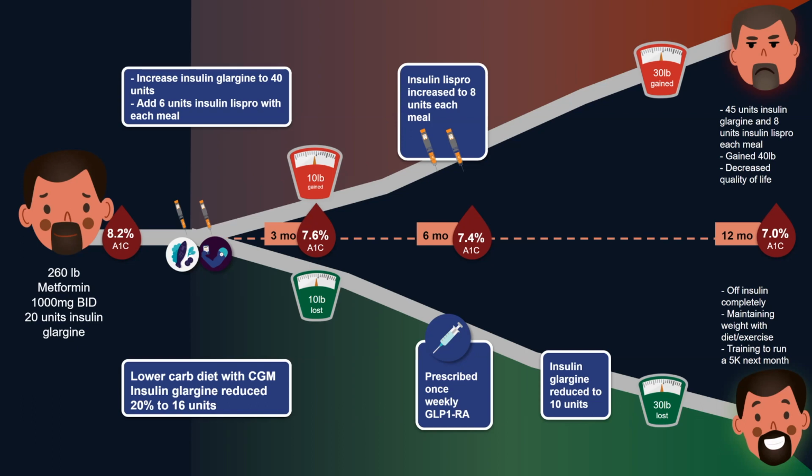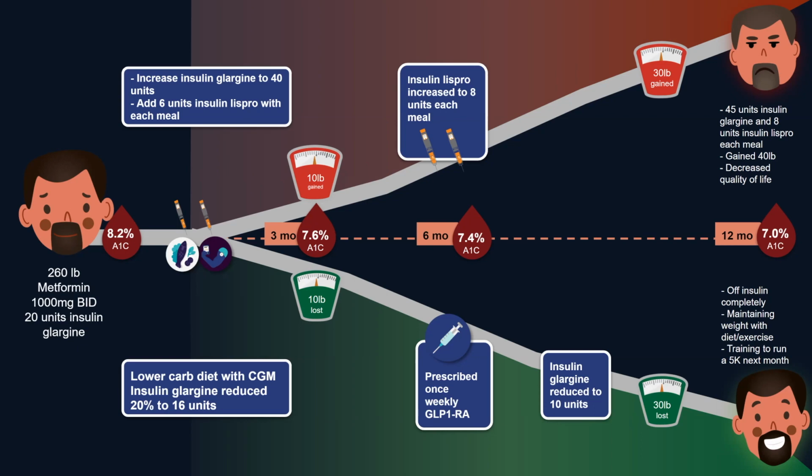But over the course of that time, with the higher doses of insulin, he's gained a total of 30 pounds. And in addition, he's up to 45 units of insulin and 8 units of short-acting insulin before each meal. He's gained 40 pounds and he doesn't feel very well. So while his A1C is good, he's not doing that well in other respects.